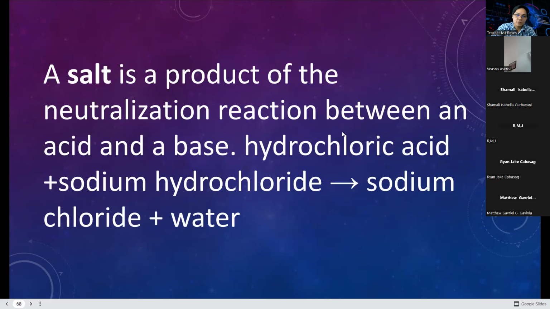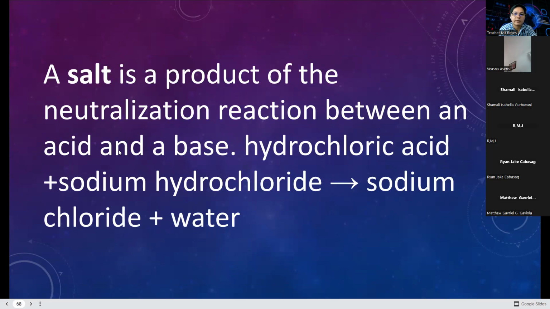A salt is a product of the neutralization reaction between acid and base. Hydrochloric acid plus sodium hydroxide is equal to sodium chloride plus water.